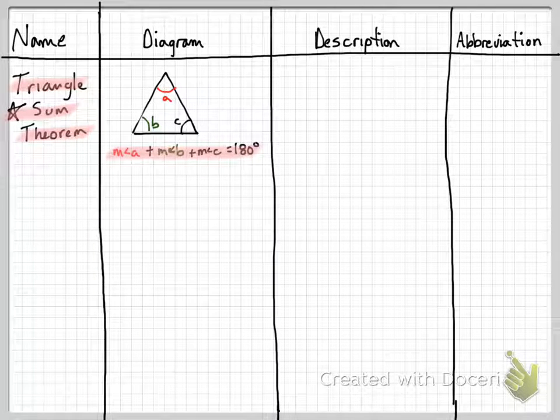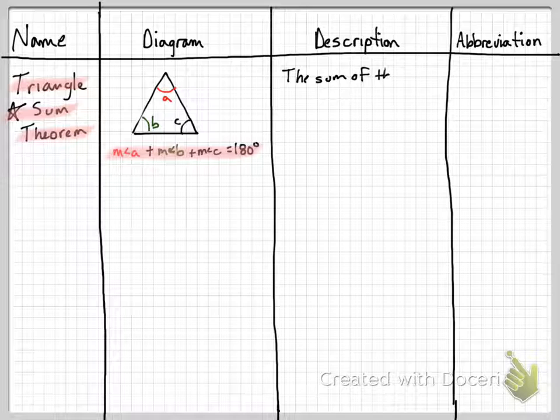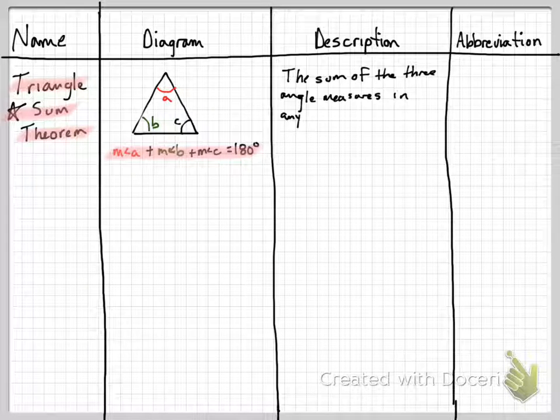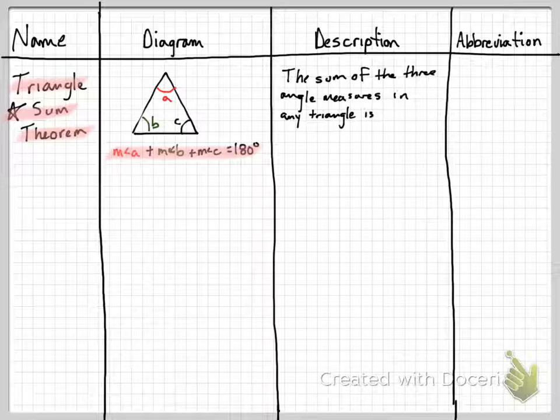It says the sum of the 3 angle measures in any triangle is 180 degrees.